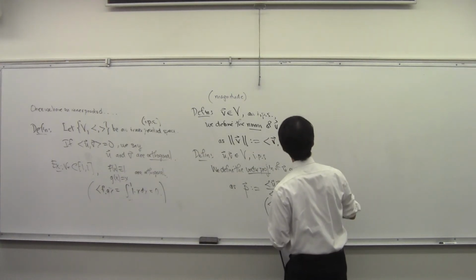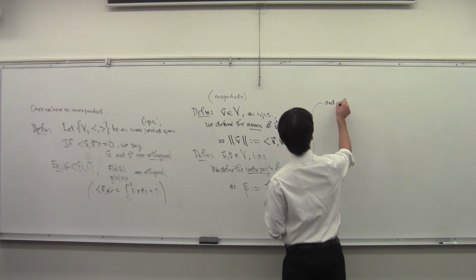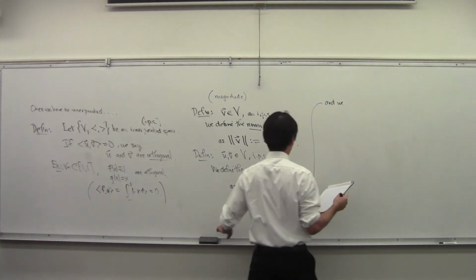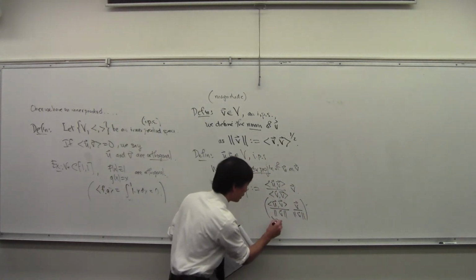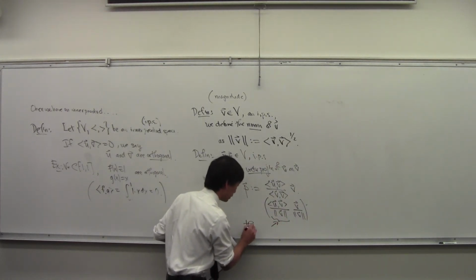Okay, and we define, sorry, let me just write it down here. We call this thing the scalar projection.